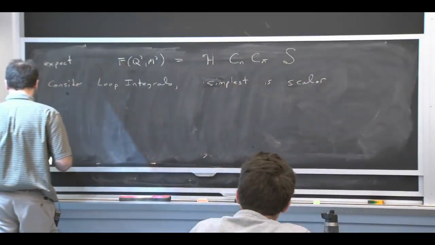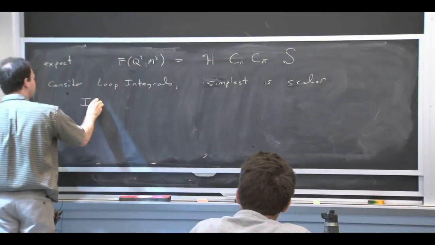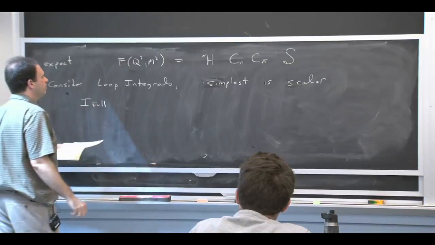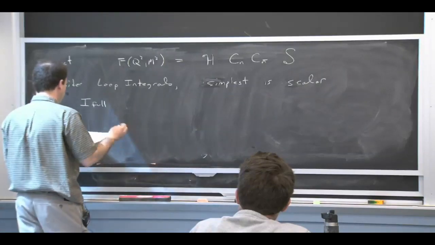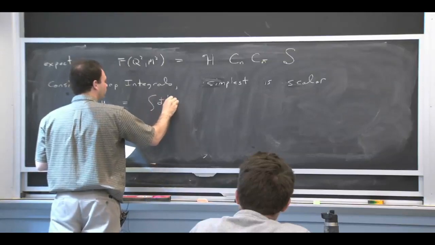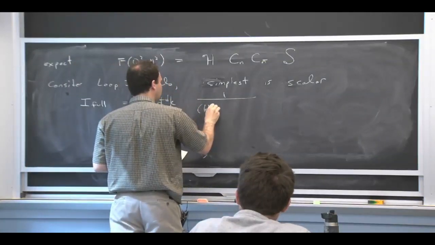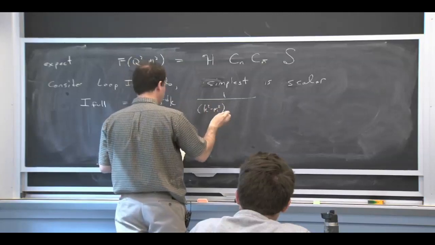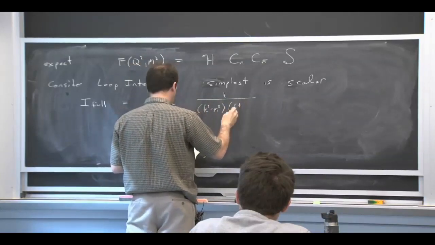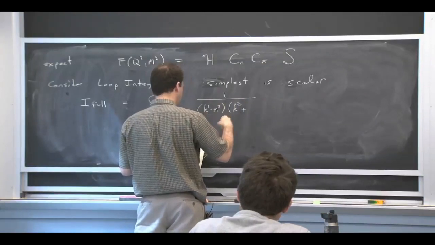Let's just take the simplest, which is a scalar loop integral. And I'm going to contrast how that scalar loop integral would look if you were doing the full theory calculation with how it would look in the effective theory. And then we'll see where the divergences come from. So you can think about this as the piece where the numerator is independent of the loop momenta. So the numerator just factors out.